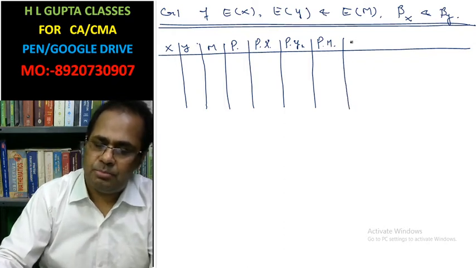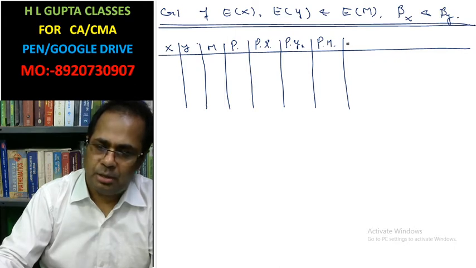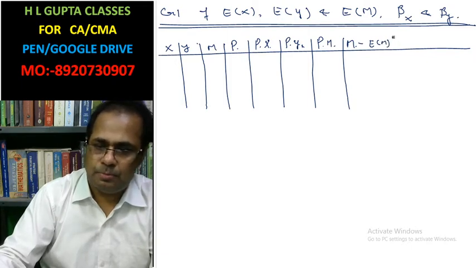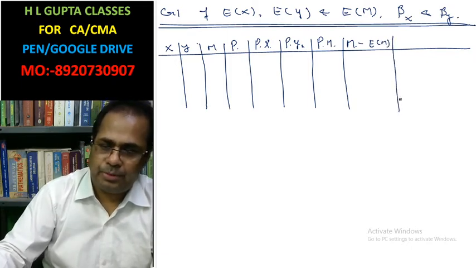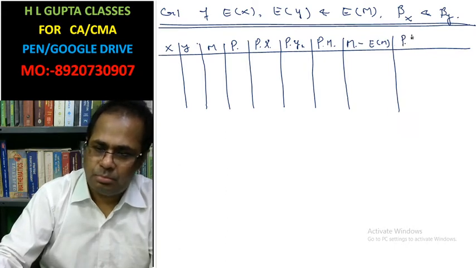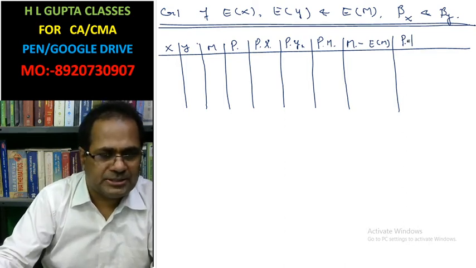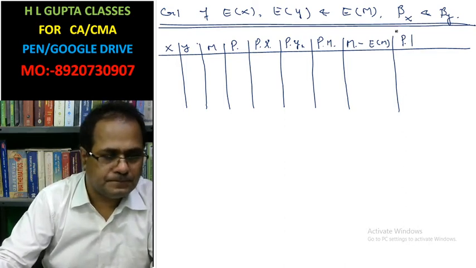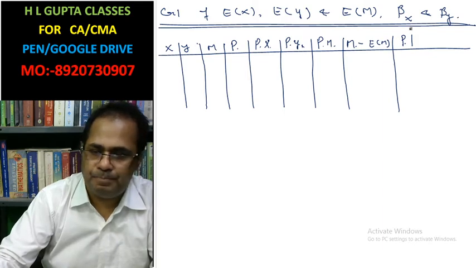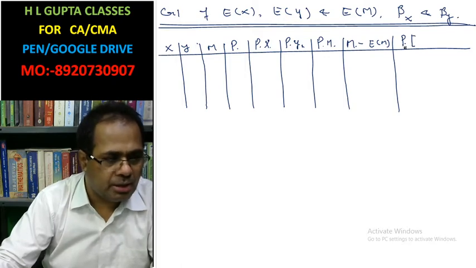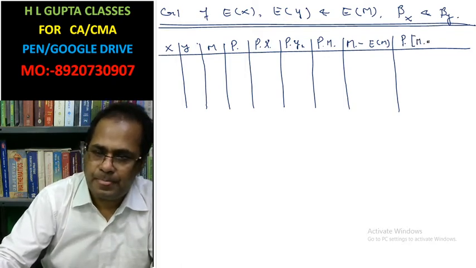Then you calculate Mi minus expected M, then Pi times (Mi minus expected M) whole square.